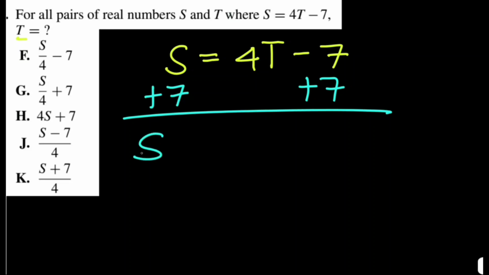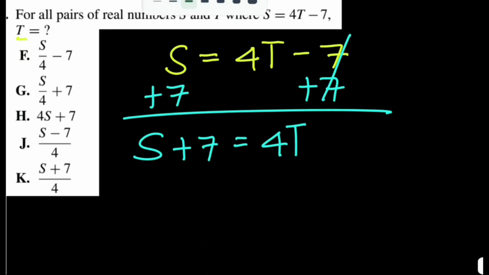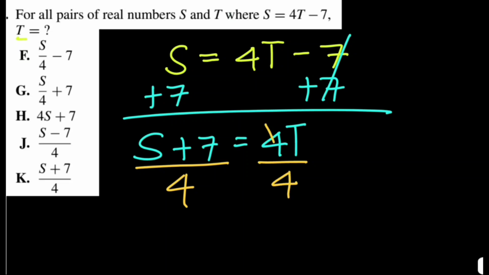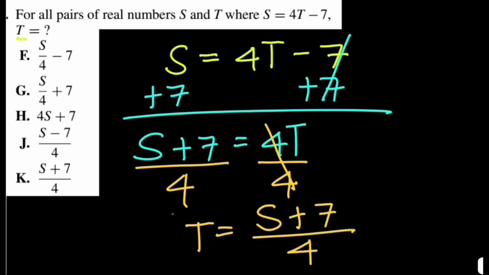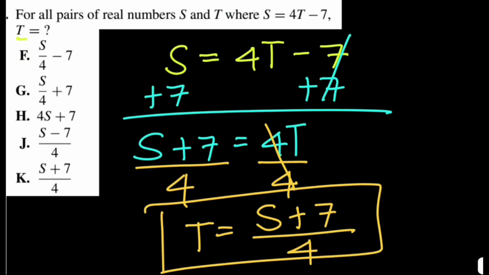Then this would become s plus 7 equals 4t. Then this cancels out. Then we divide both sides by 4. This cancels out. Therefore, t is just equal to s plus 7 over 4. Therefore, the answer here is letter K.